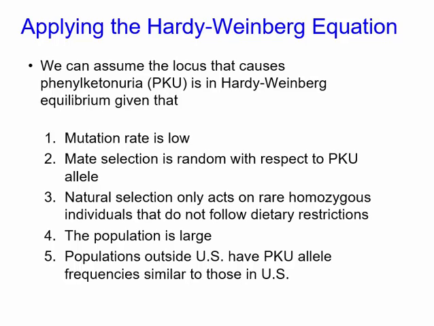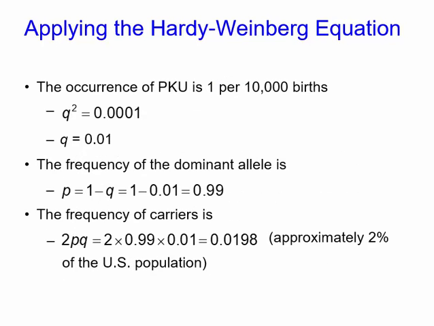You're going to reach an age where you can produce offspring. The population is large, and that's reasonable: the U.S. population is hundreds of millions in size. And then this comes into the idea of migration, that if you have people moving in or out, the frequency of those alleles in other populations is similar. So we're going to use those assumptions as we dive into this.